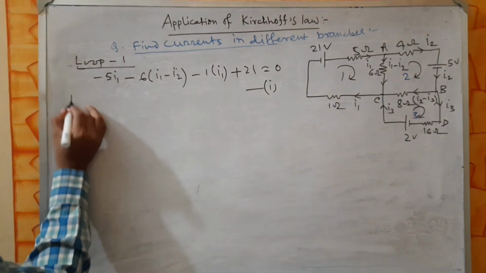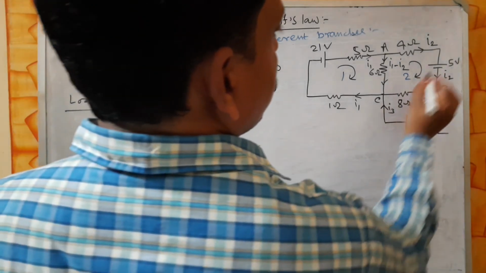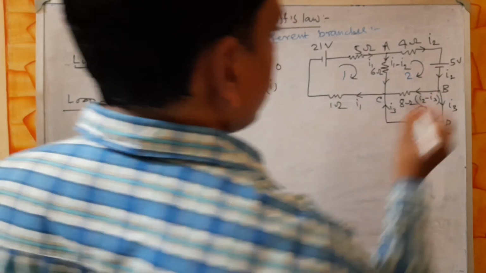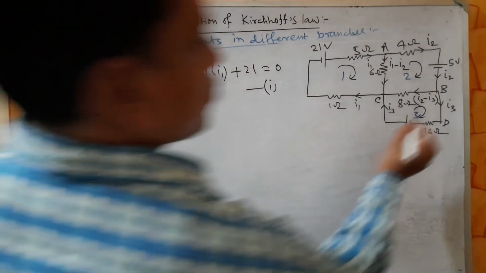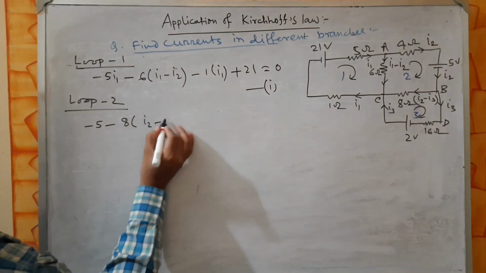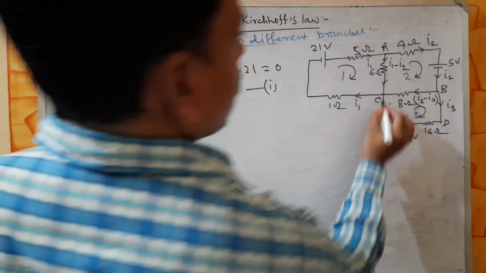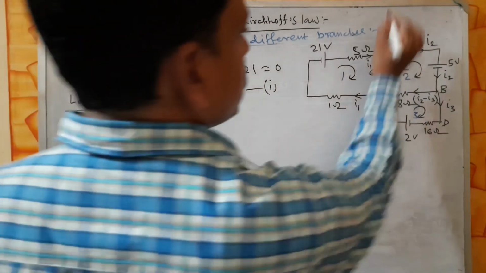And the second loop, loop 2: minus 5, minus 8 into I2 minus I3, and plus 6 into the opposite direction.